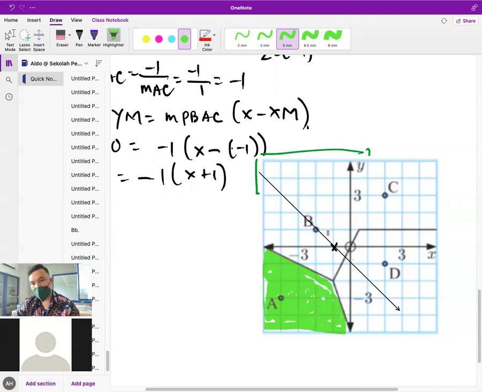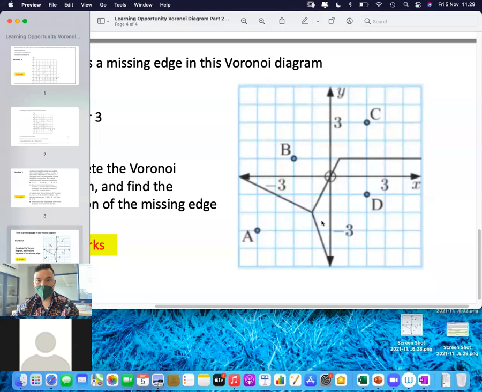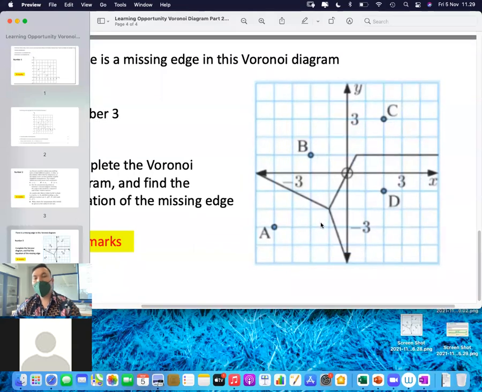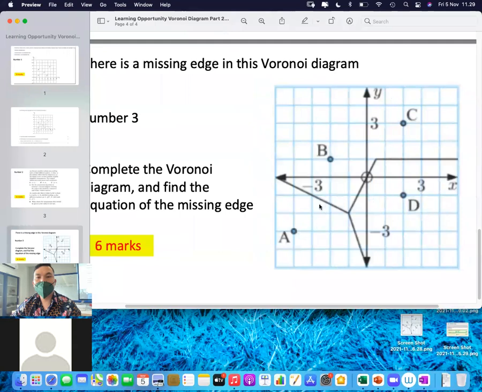Okay, this is cell A. Okay, B. B to C. Wait, before B to C. Oh, an equation of the missing edge.